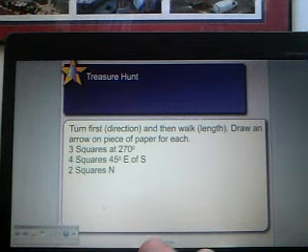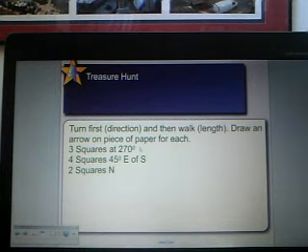And now for the next set of directions. Again, just a little preface before we get started. Whenever you see this number and there's no north, south, east, west, this is one of those directions where you're going to start north and turn clockwise a certain number of degrees. So you're going to keep going from the north all the way around to the right in the clockwise direction until you have traveled 270 degrees.